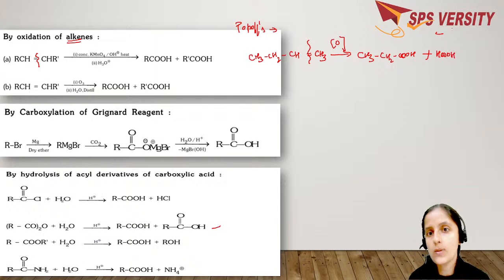The number of carbon atoms will be retained on either side, so you get propanoic acid and you get methanoic acid.